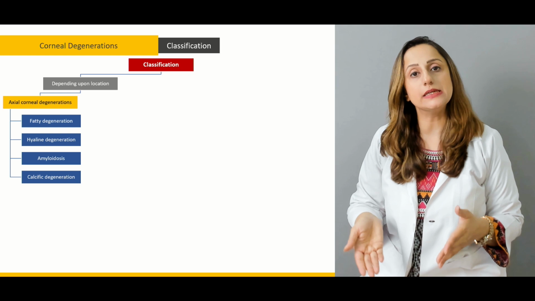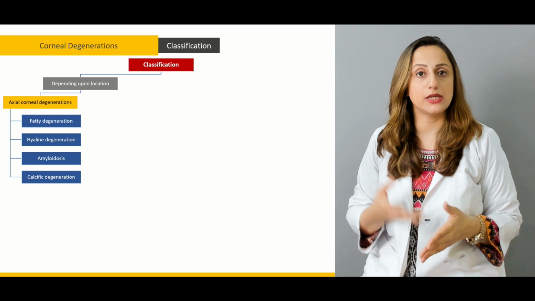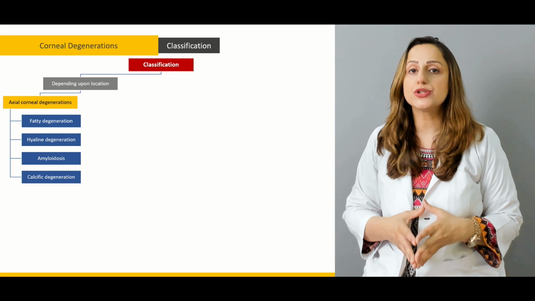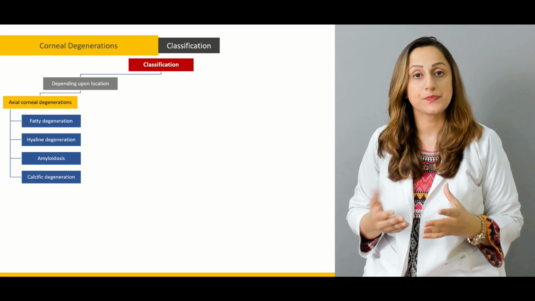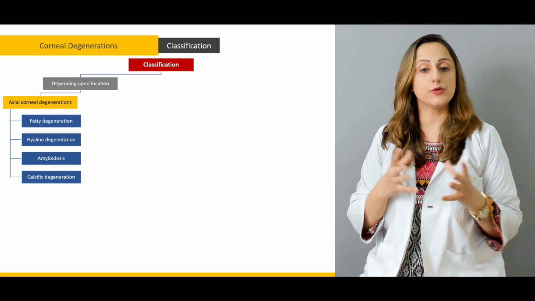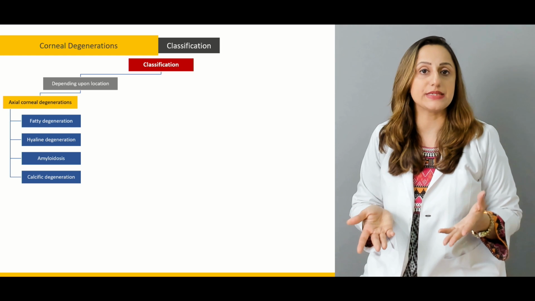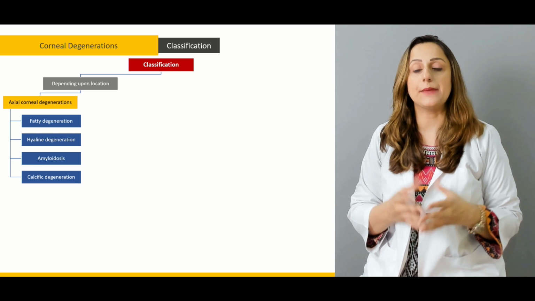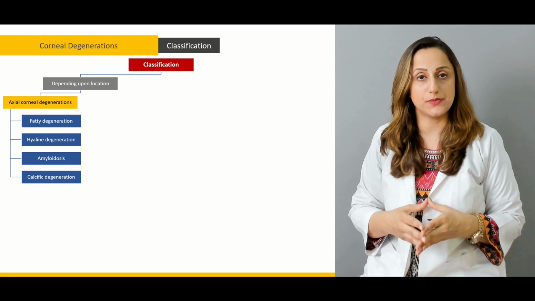That can even lead to this kind of hyaline deposits in the corneal epithelium. Usually all of this process is taking place at the level of the Bowman's membrane. So this is the whole process of the amyloid, of the hyaline degeneration. Amyloidosis, as the name is indicating, is obviously the deposition of the amyloids at the level of the Bowman's membrane.